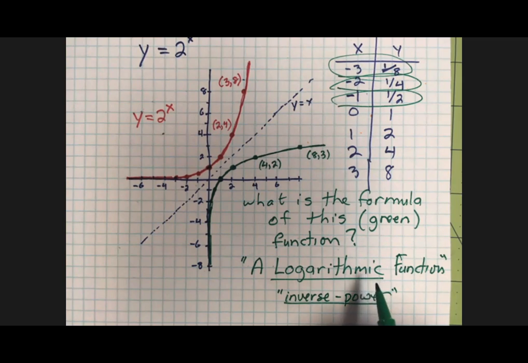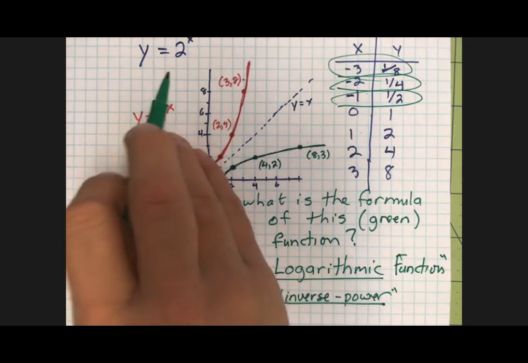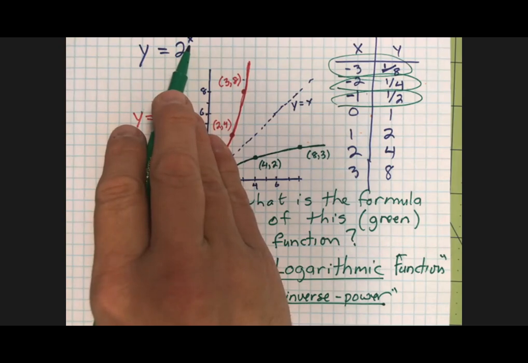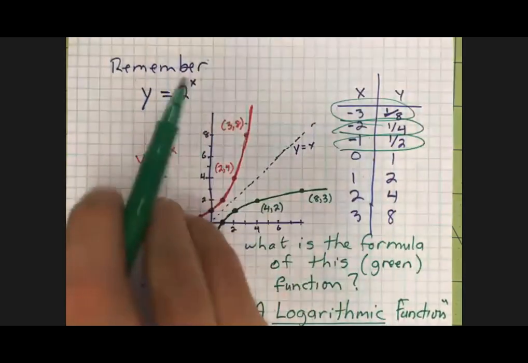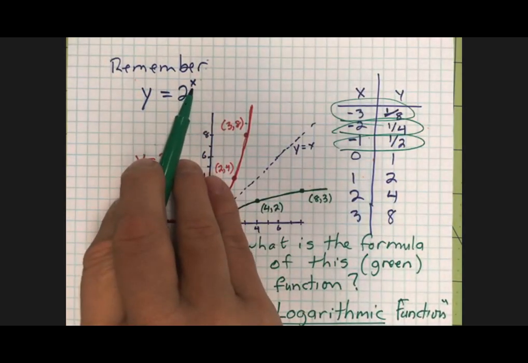It basically means undoing powers, undoing a power or inverting a power. Like you invert cubing with cube rooting, but this is not a square or a cube root. This is an x inside the power. How do you undo a variable in a power?